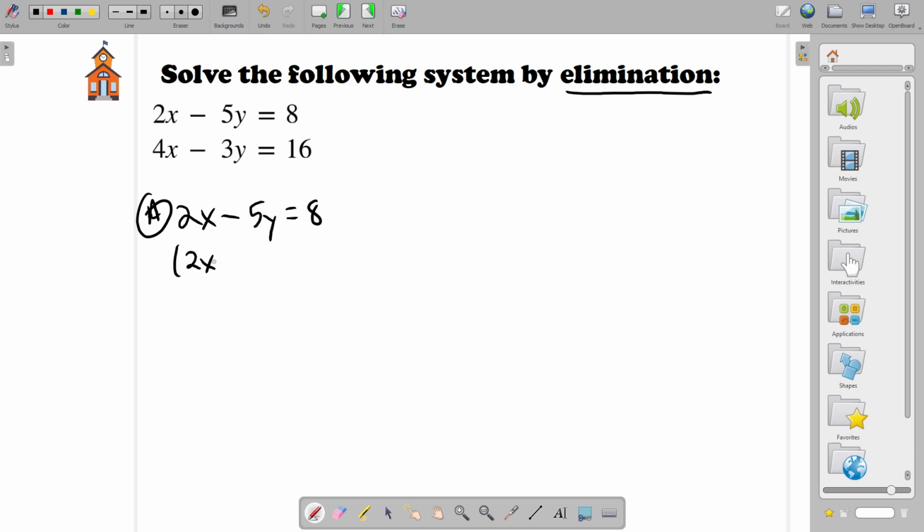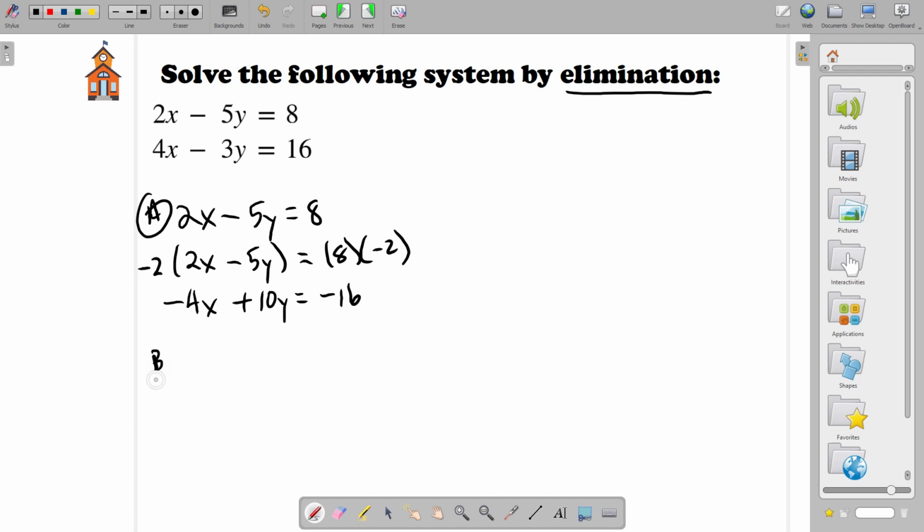I'm going to take this whole side and this whole side and multiply it by negative 2. Because negative 2 times 2x is negative 4x. Distributive property, it's going to add out with that 4x. Negative 2 times negative 5 is positive 10y. And 8 times negative 2 is negative 16.